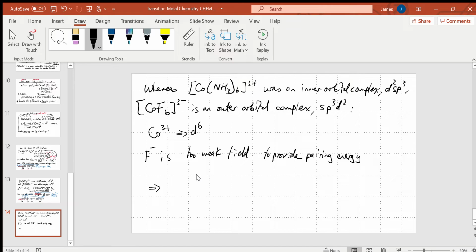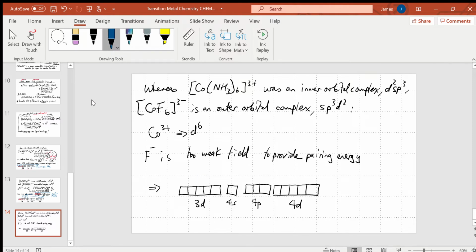So the 3d, 4s, 4p, 4d. Let's go to red. So the 6 electrons we just place using Hund's first rule and Pauli exclusion, which is not what I've just done, because I'm talking and speaking at the same time, and I can't do that.